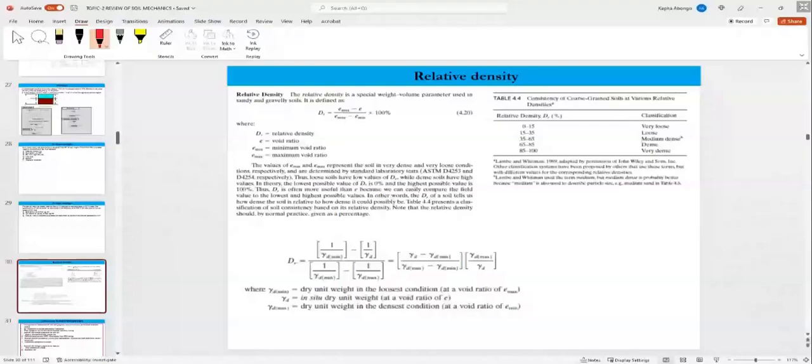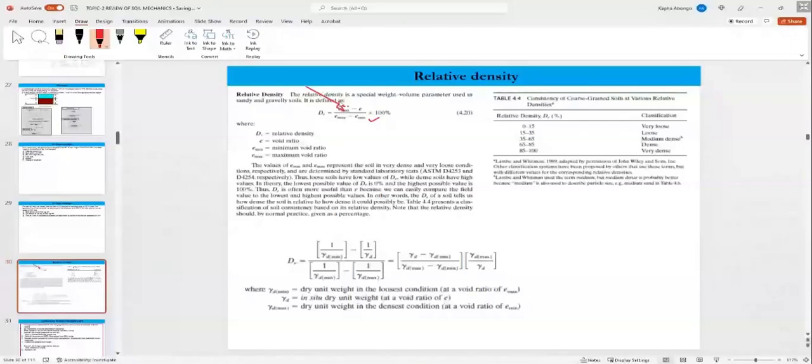You compact it further, and the void ratio becomes smaller and smaller, so that's the minimum void ratio. If you loosen it, the void ratio becomes bigger, so that becomes the maximum void ratio.